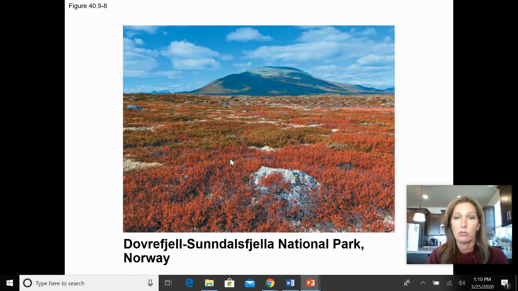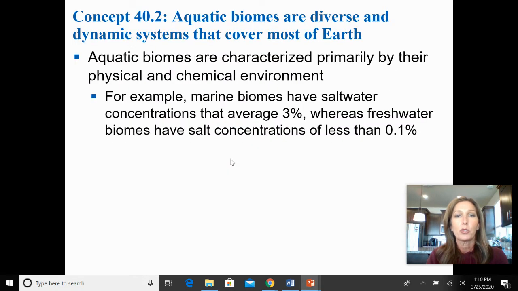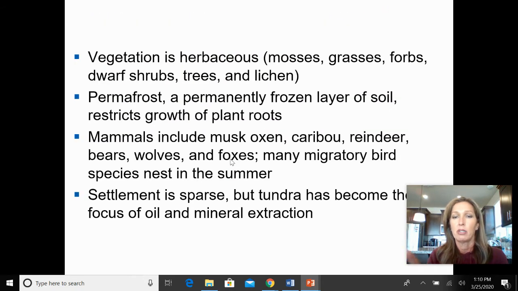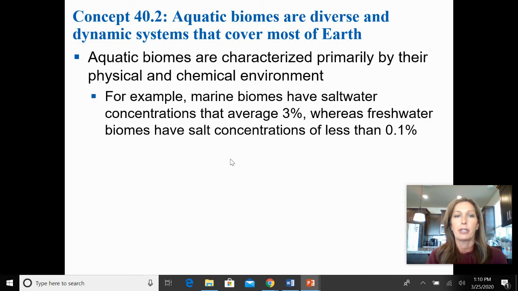Tundra, we do not have tundra in California, but if you go up to northern Canada and Alaska, you're going to see more tundra. But it's just recognizing some of those different habitats that are created because the average temperature and the average rainfall dictate what plants live in those particular areas.